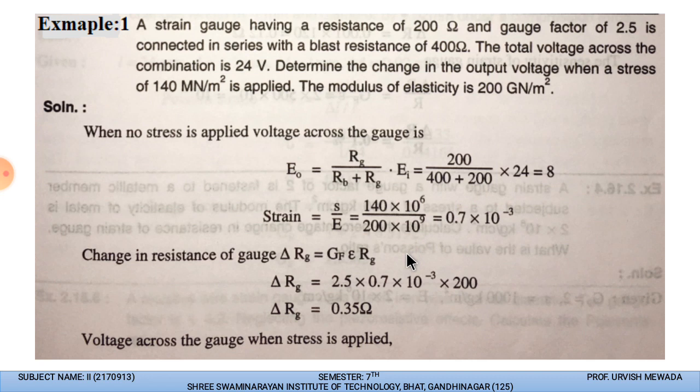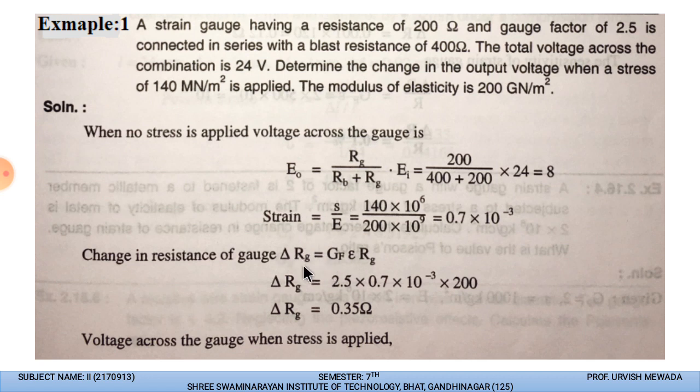Now let us check the change in the resistance of the gauge whenever the strain is applied. Rg was the original gauge resistance when the stress is not applied. Now we apply the stress on this gauge, so its resistance will become Rg plus delta Rg.